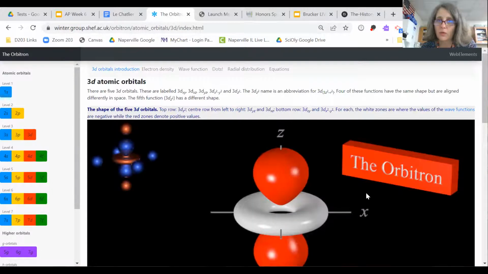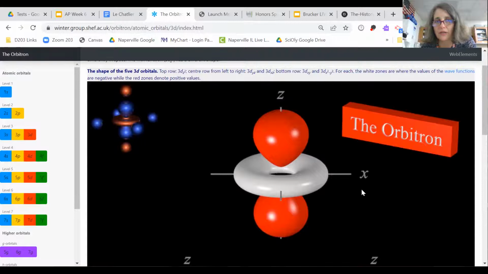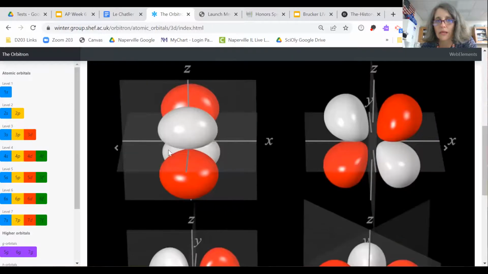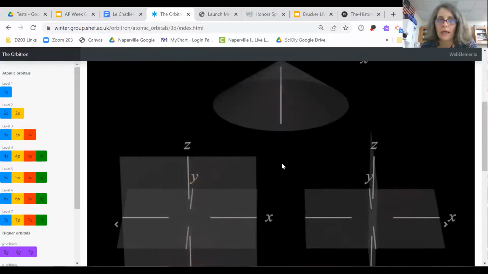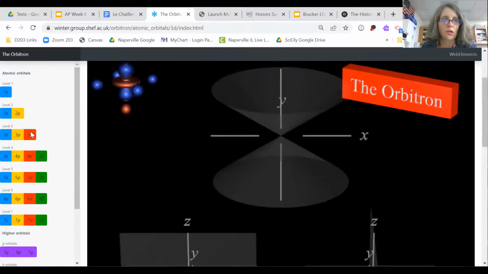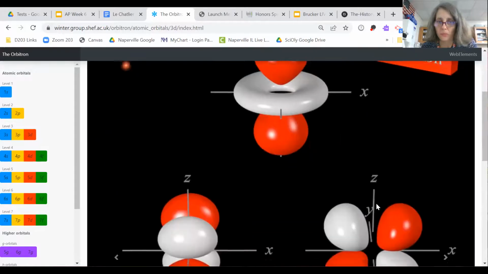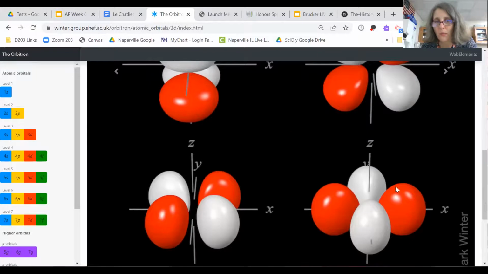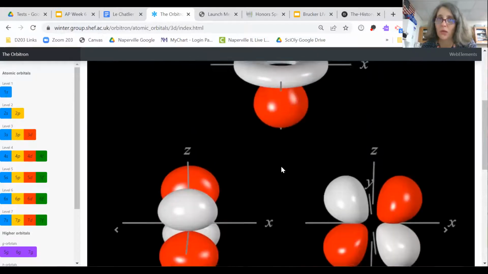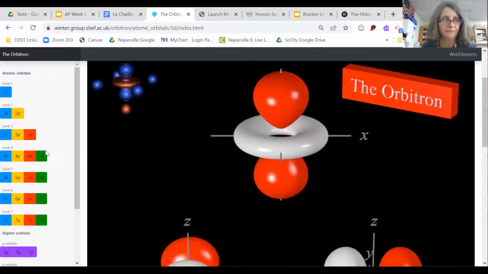Then we have the d orbitals. Now these, I don't expect you to know any of the shapes because they do get a little funky. So this is one d orbital, but then you have these d orbitals, which have essentially 4 lobes. And again, what this is trying to show is where they are predicting the electron to be. So if they're in a d orbital, they're somewhere in these lobes, depending upon which d orbital they happen to be in.